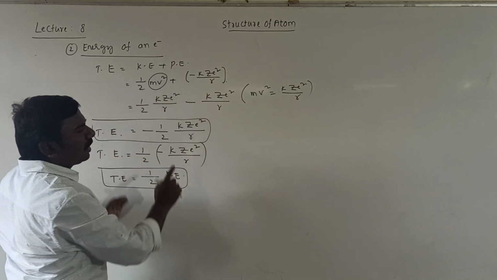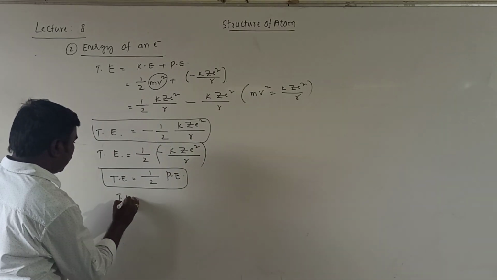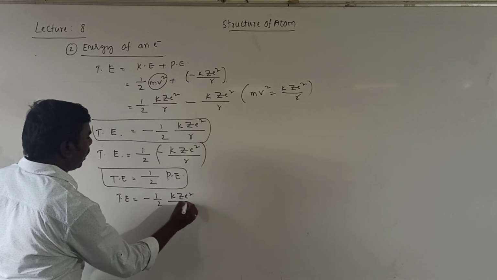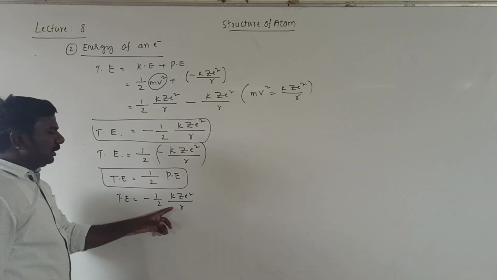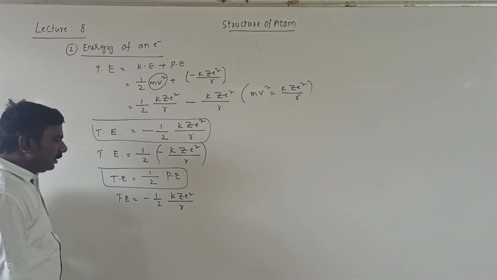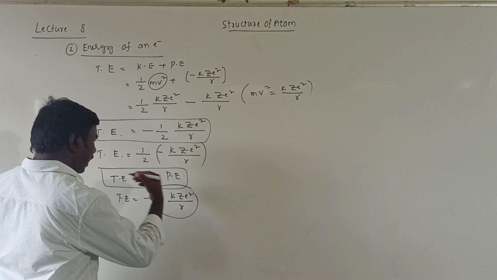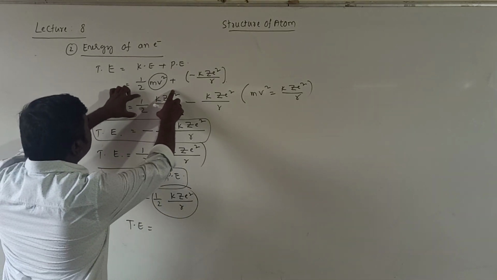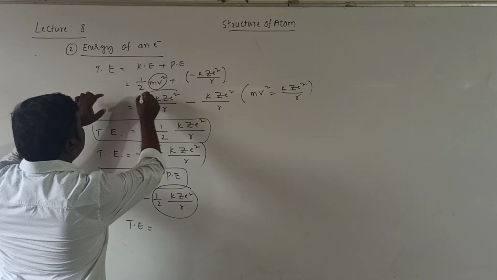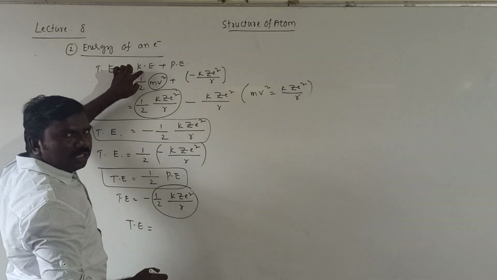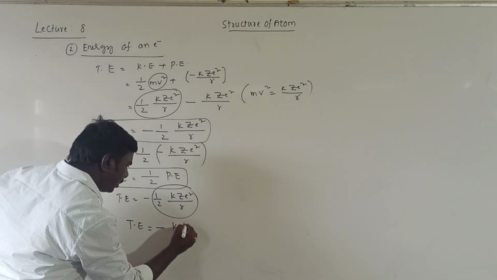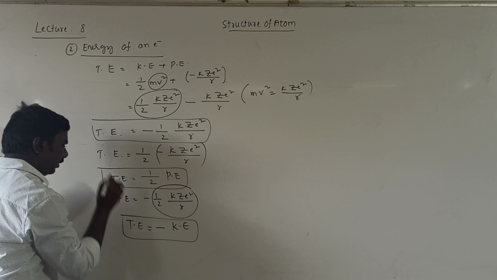Total energy is equal to minus half into kZe square by r, which will be equal to minus the kinetic energy. So the minus sign is there. This is very, very good.